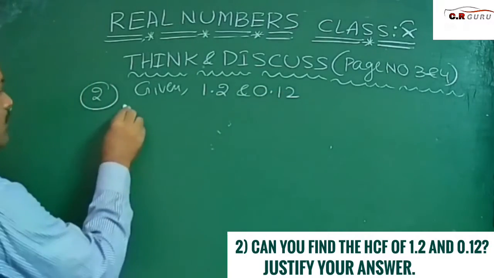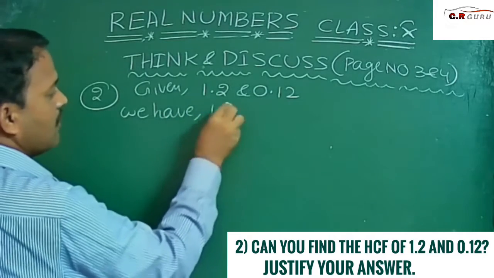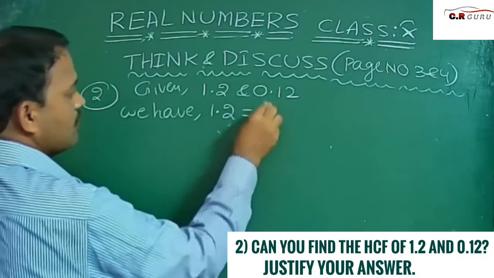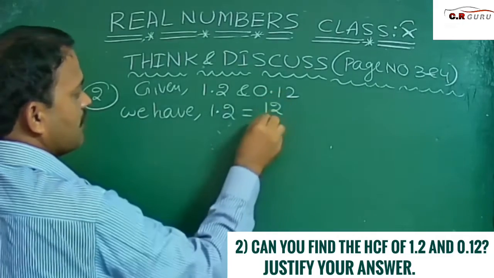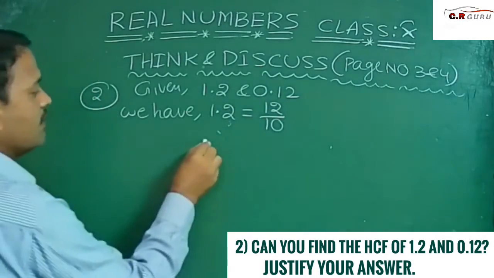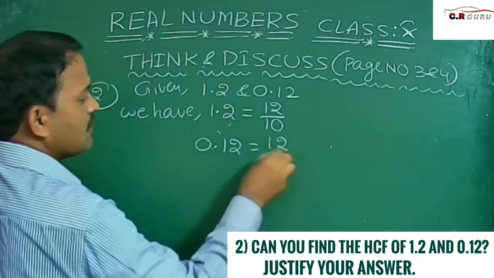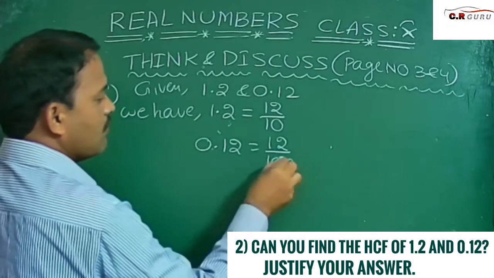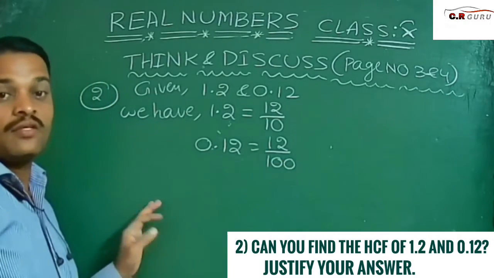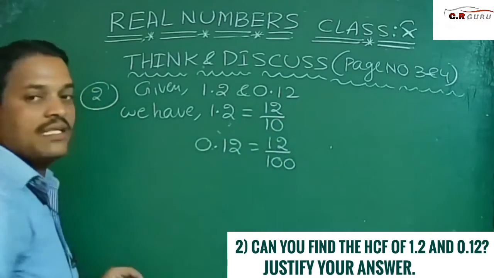We have 1.2, which is 12 by 10, and 0.12, which is 12 by 100. Now in one denominator 100 is there, and in the other 10 is there.